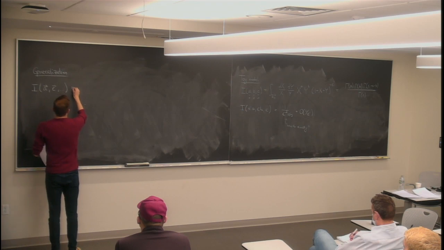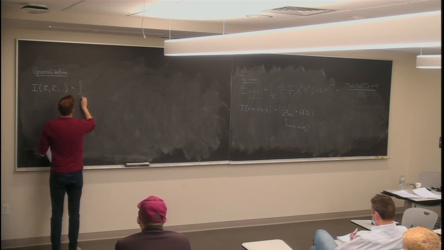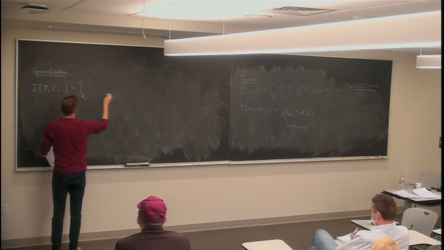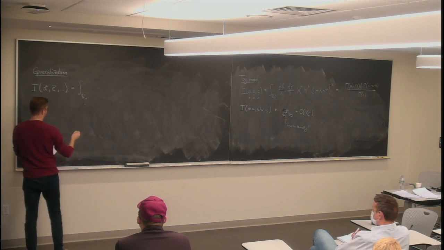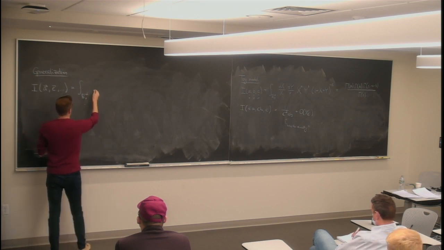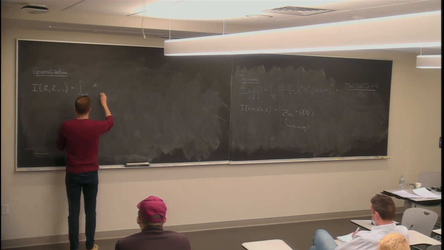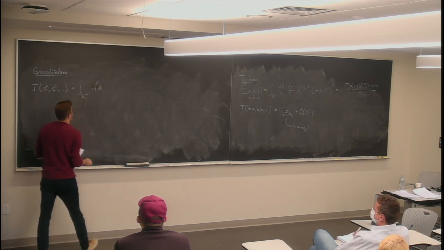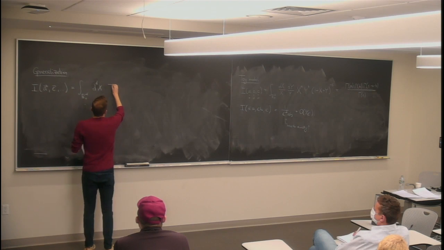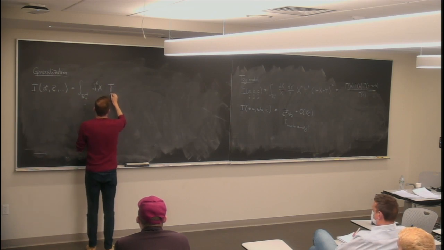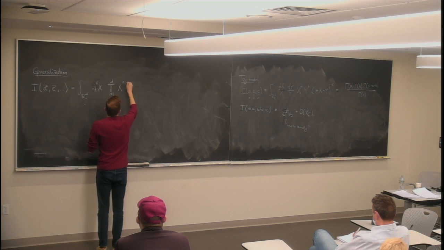We're going to have an integral that depends on the vector of numbers a, c, and possibly some other parameters. It's going to be an integral, just like this one, over the positive values in d dimensions of variables which I will just call x. Okay?